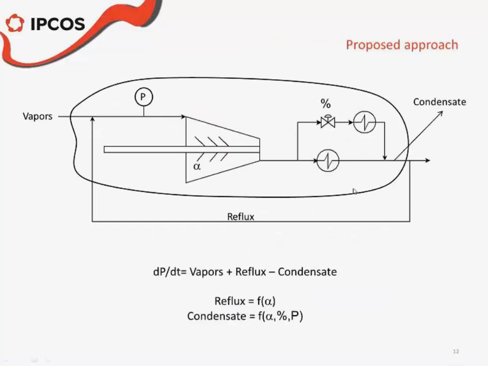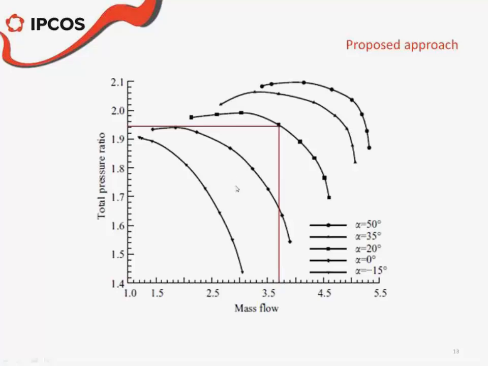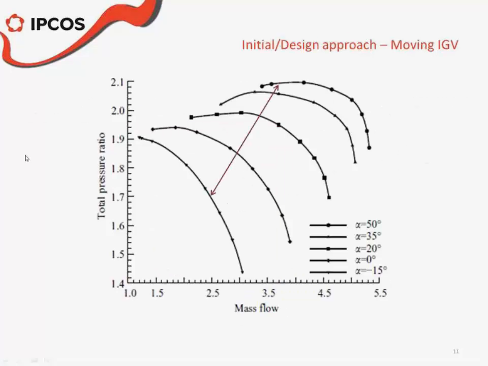That was not only the problem. The problem was also that while moving the IGVs, you're not exactly moving in a line like this. You're moving more towards these extreme points of the performance curves.